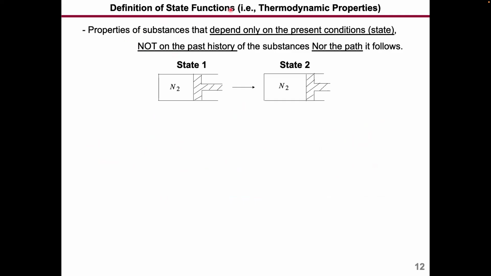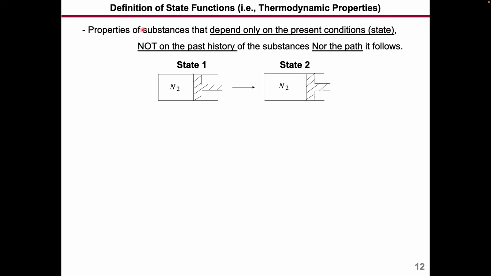So here we can say these thermodynamic properties are state functions, because thermodynamic properties define the state. By definition, thermodynamic properties are properties of the substances that depend only on the present condition or state, but not the past history of the substances, nor the path it follows.